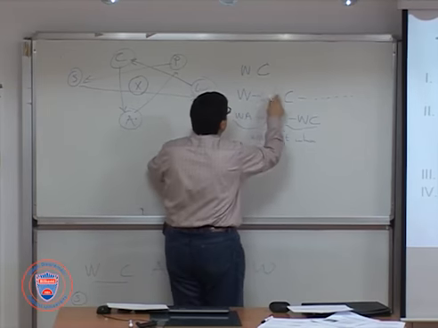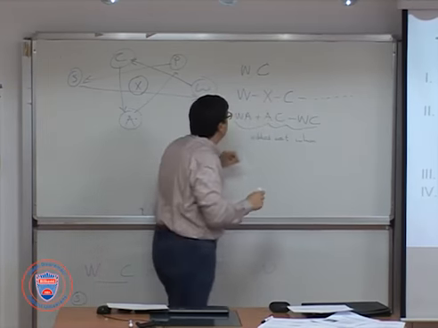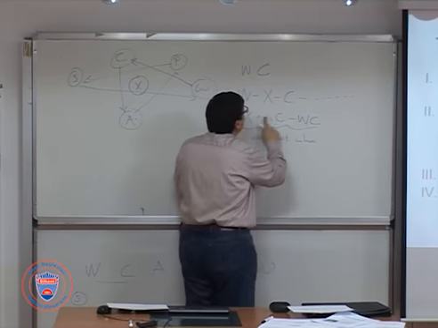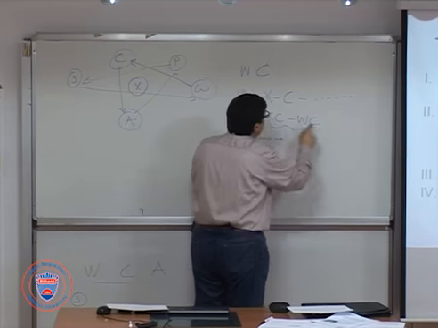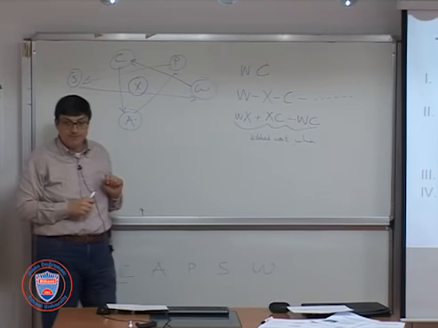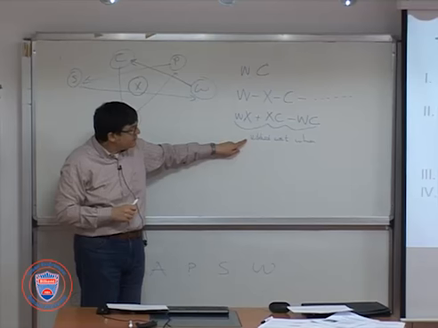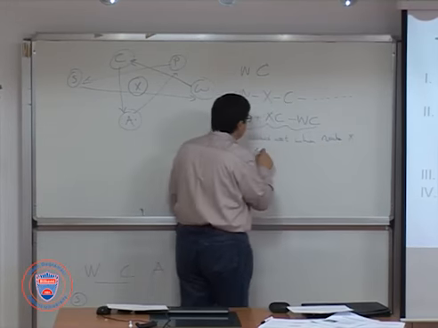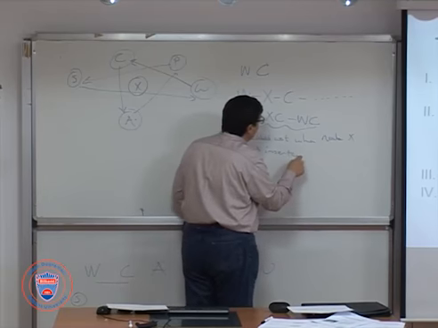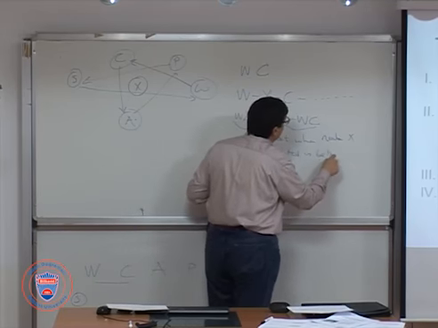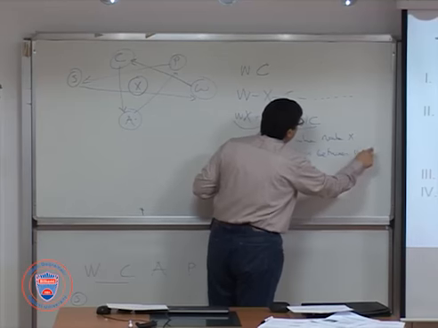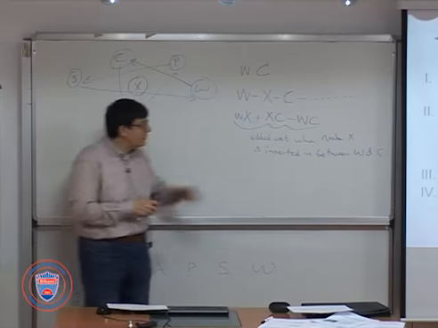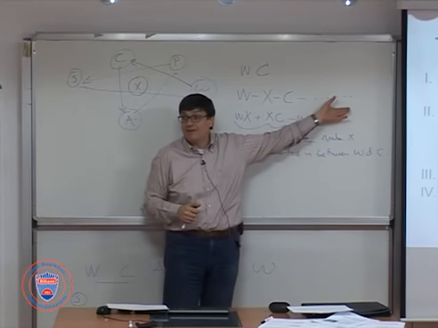this should be X. Let me do it as X, I'm sorry. So this is going to be WX, the new node, plus XC minus WC. Okay? So this is the edit cost when node X is inserted in between W and C. Now, the remaining part of the network is going to be the same, am I right?